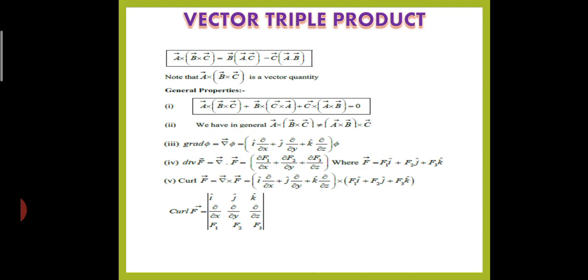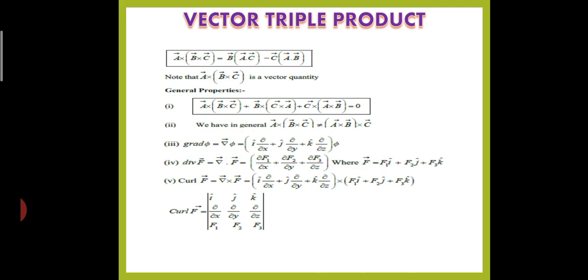Fourth, div F is equal to del dot F is equal to del F1 by del x plus del F2 by del y plus del F3 by del z, where F is equal to F1 i plus F2 j plus F3 k.